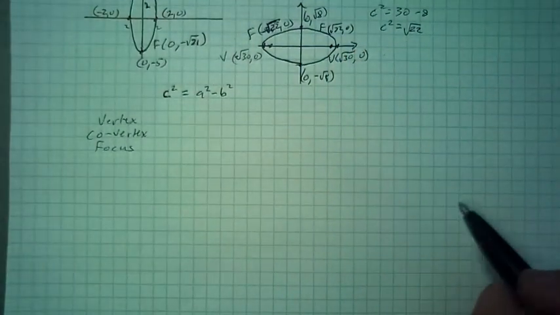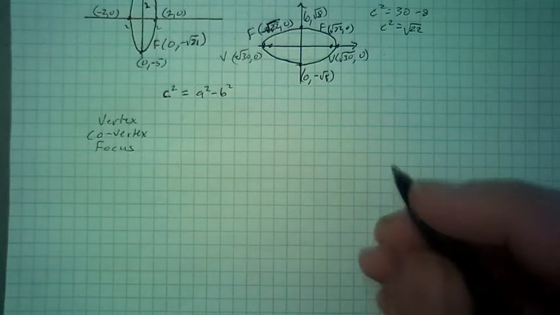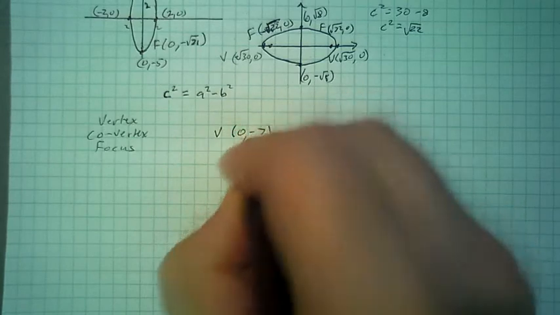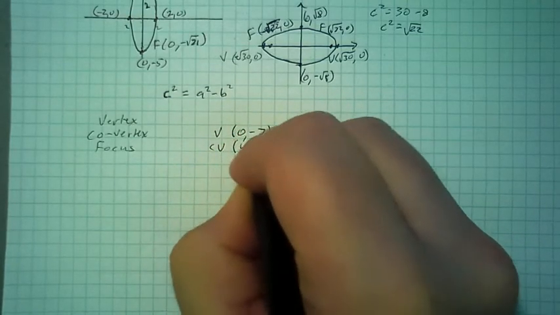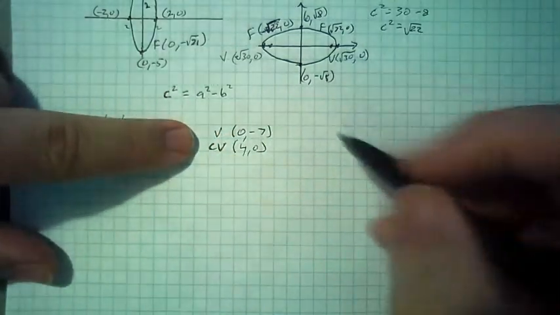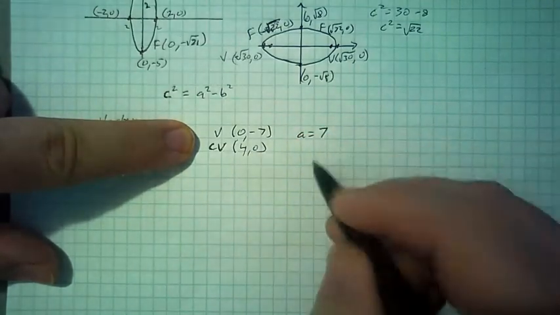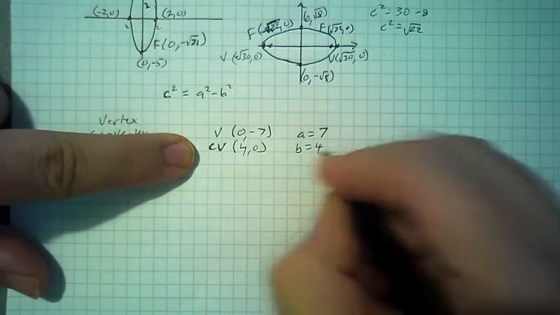So let's start with an example where we have a vertex and co-vertex. Let's put the vertex at 0, negative 7, and we'll put the co-vertex at 4, 0. Now the vertex being at negative 7 lets us know that a is going to be 7, and the co-vertex at 4 tells us that b is going to be 4.